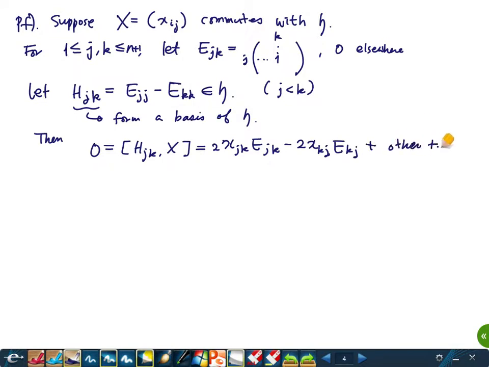Other terms, meaning not different from E_jk, E_kj, because they form a basis of the space of n plus 1 by n plus 1 matrices. You can always write this as a linear combination of the E_jk's. The coefficient for E_jk is this, for E_kj the coefficient is this, and for the other terms we don't really care.